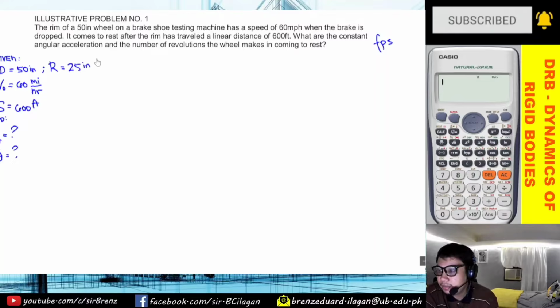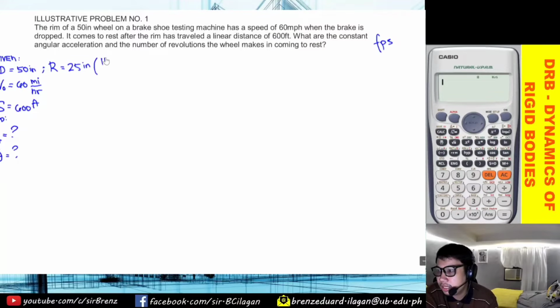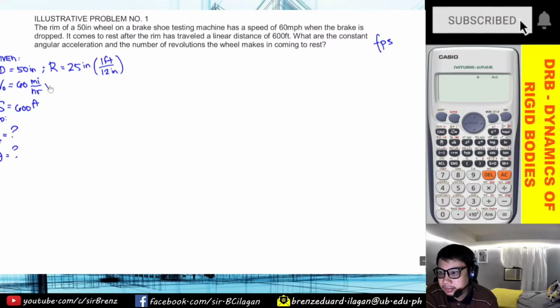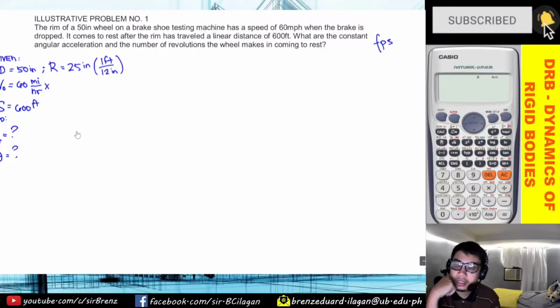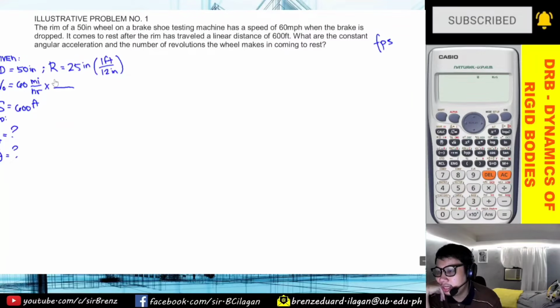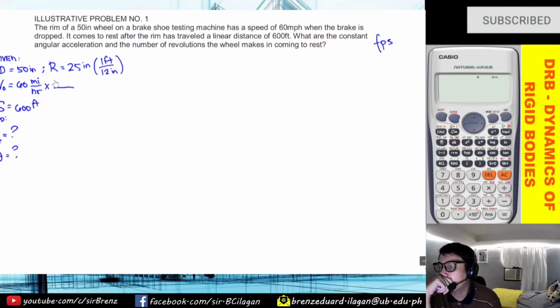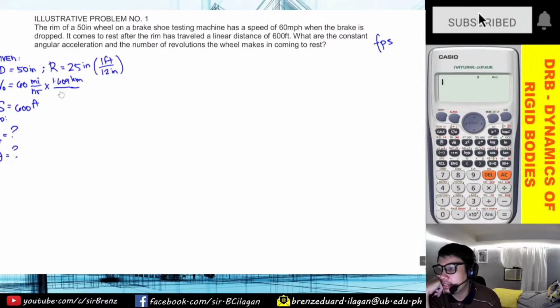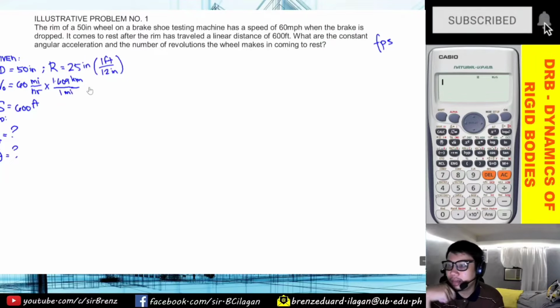So we convert 25 inches to feet: 1 foot is equal to 12 inches. Now for 60 miles per hour, how do we convert it? We know that 1.609 kilometers is to 1 mile. Sorry, I memorized the longer conversion.